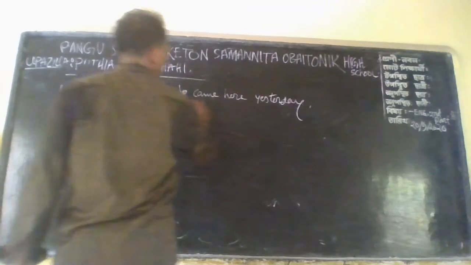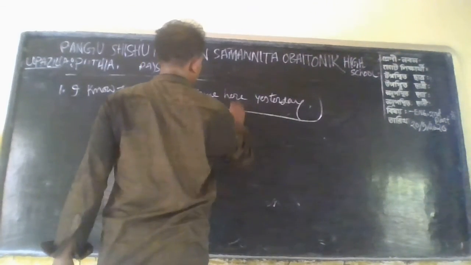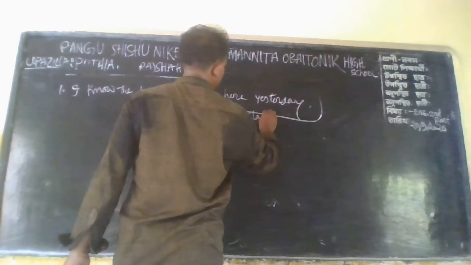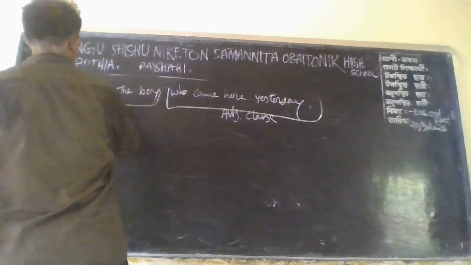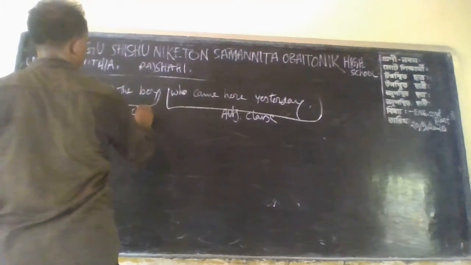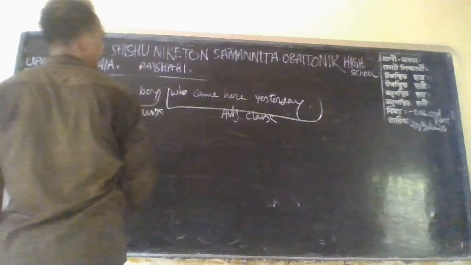That means "who came here yesterday" is the adjective clause, and "I know the boy" is the main clause or principal clause.